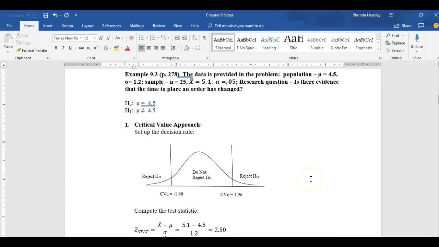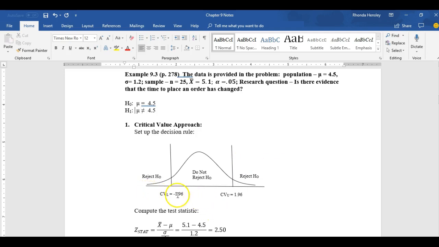So in your critical value approach, once you've done all that, you set up your decision rule using the appropriate distribution. Well, in our case, since we have estimated the population standard deviation, we use the normal distribution. Our alpha level is 0.05, which means we have 0.025 in the lower tail and 0.025 in the upper tail.